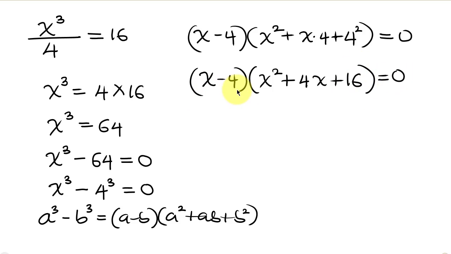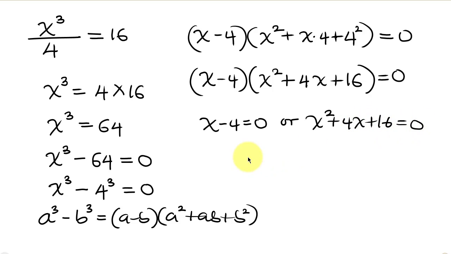So we have two factors that multiply to give 0. So that means it is either x minus 4 is equal to 0 or x squared plus 4x plus 16 is equal to 0. So we can gladly say we have two cases.